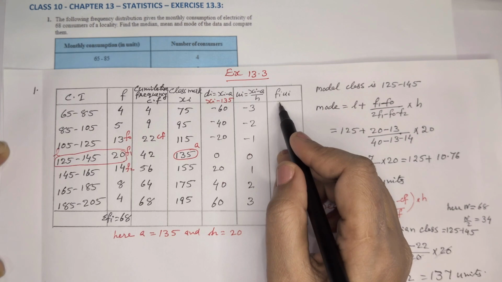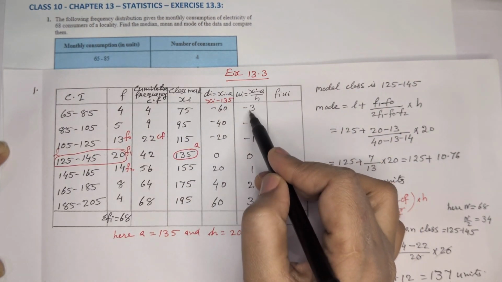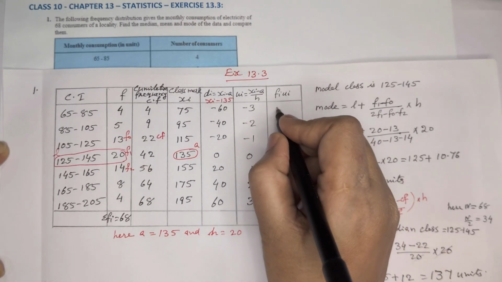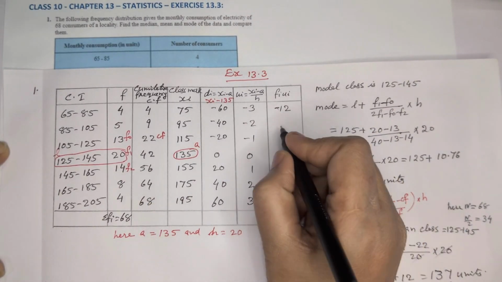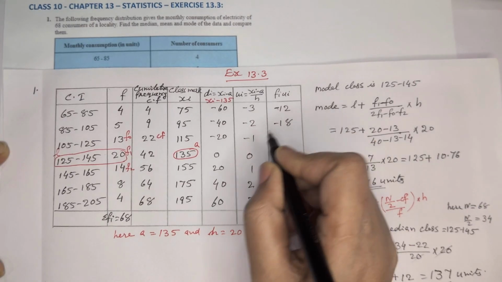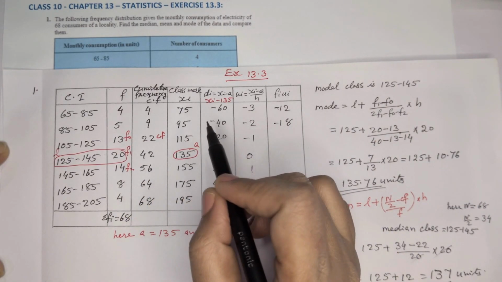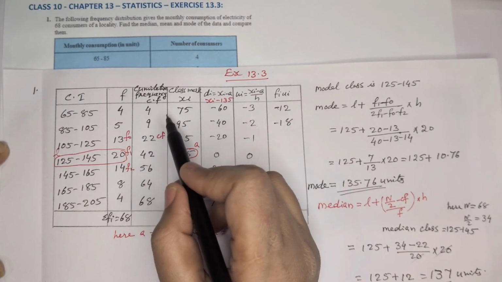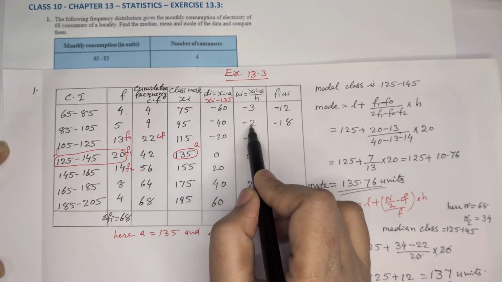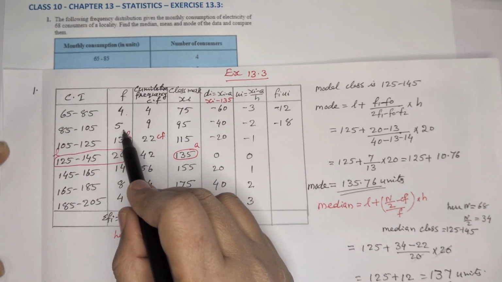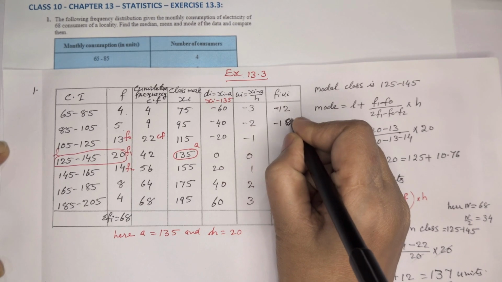Then Fi Ui. This is the frequency Fi into Ui. Minus 3 into 4, minus 12, minus 2 into 5, not 9, minus 2 into 5, minus 10.